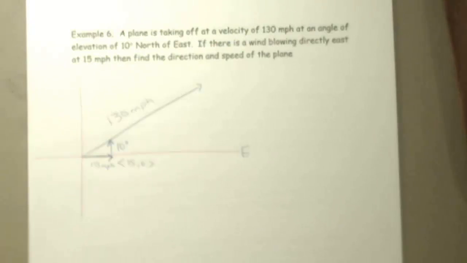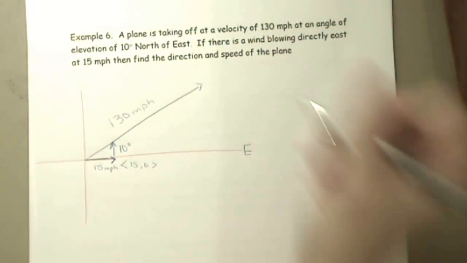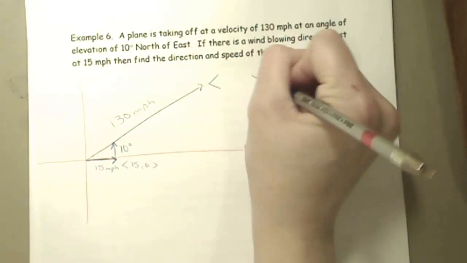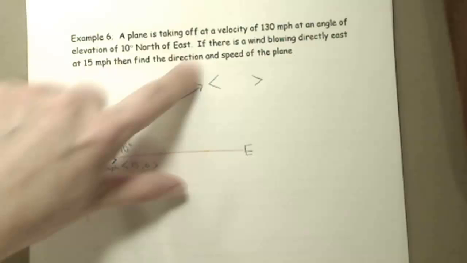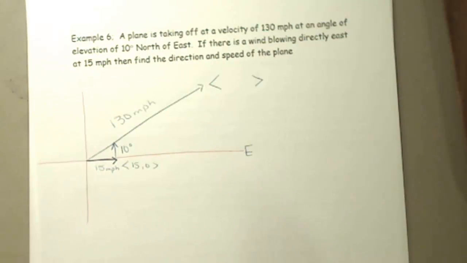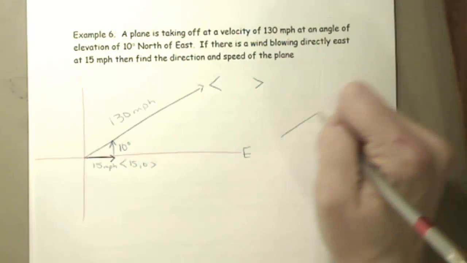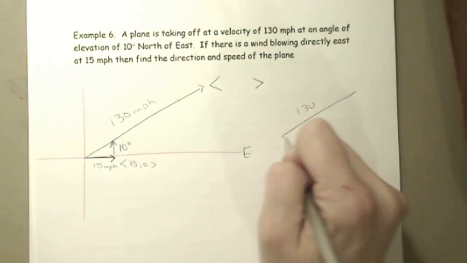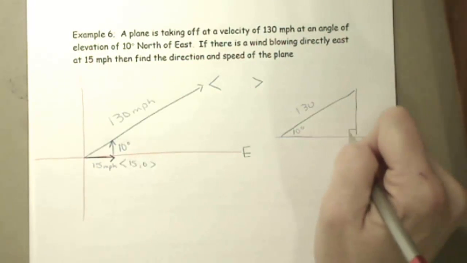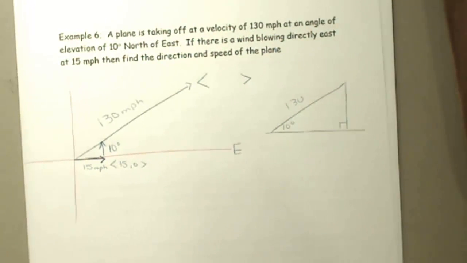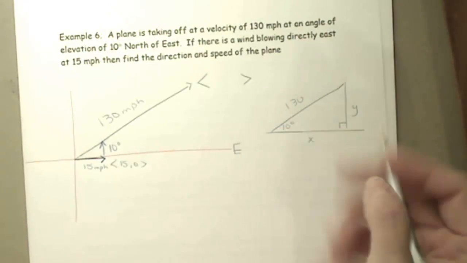So in order to add them together, I need both vectors in component form. And I don't have that right now. So I'm going to take the original vector, the 130 and 10 degrees, the original trajectory of the plane, and change it to component form. If I look at just that one, 130 and 10 degrees, and drop my altitude, I can do a little basic trig to get the x, y coordinates.